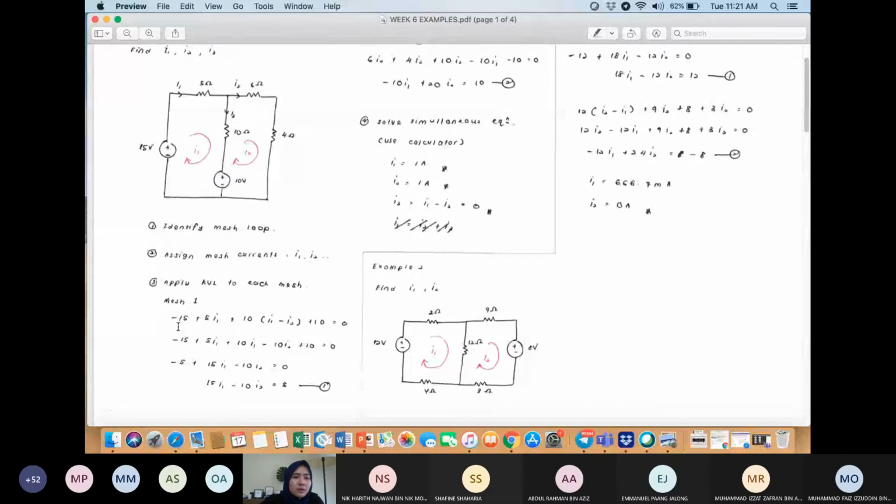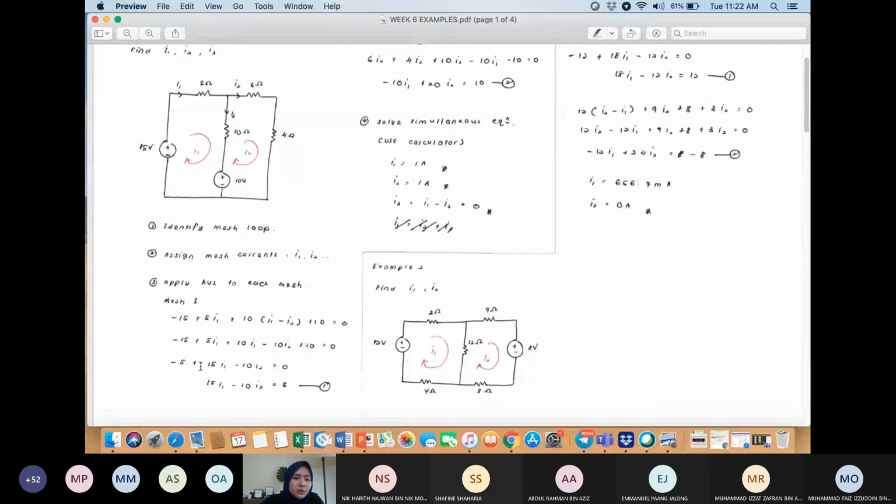You have negative 15 plus the voltage at the 5 ohm resistor, which is 5 multiplied with I1, plus another resistor, 10 multiplied with I1 minus I2, plus another voltage source whose direction is the same as current I1, so plus 10, equals 0.